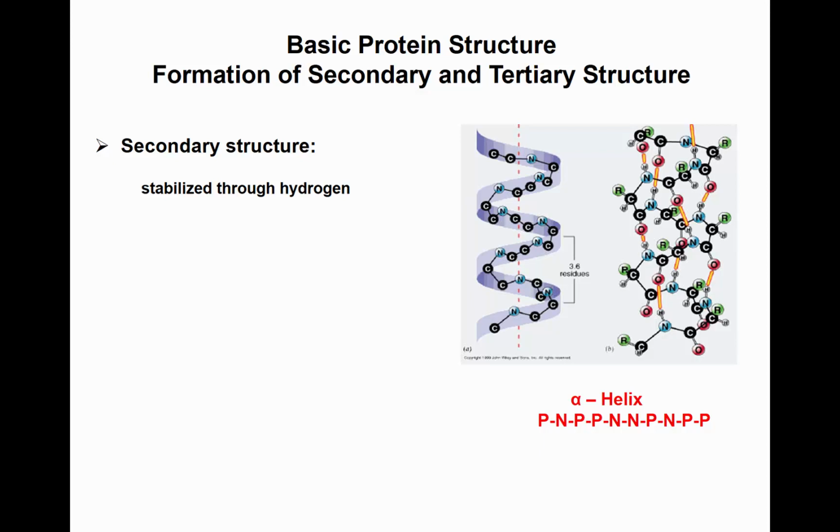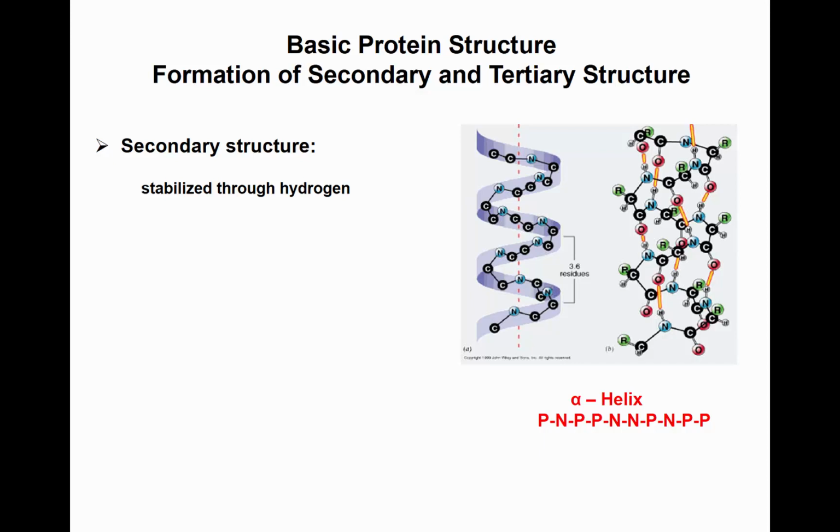If you have this configuration, it's most likely you're going to form a helical secondary structure, an alpha helix. And then it's stabilized, the hydrogen bonds are forming parallel to the helix structure.